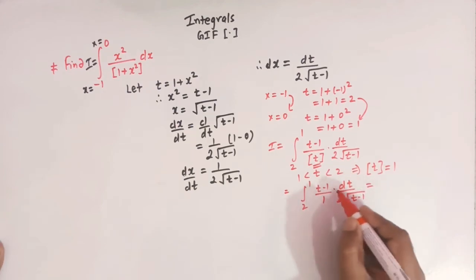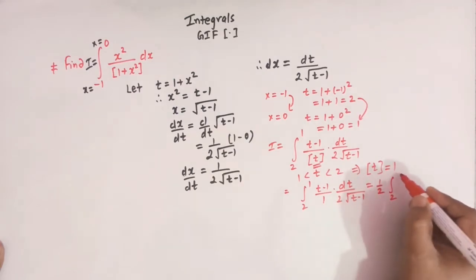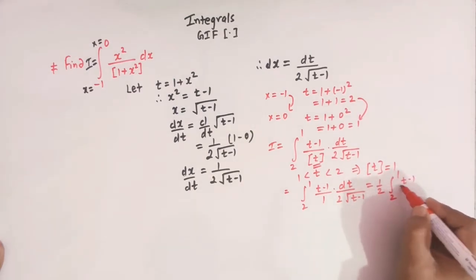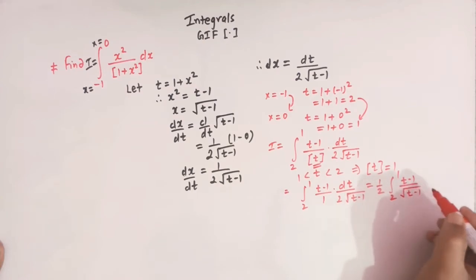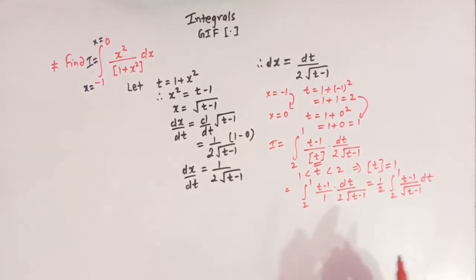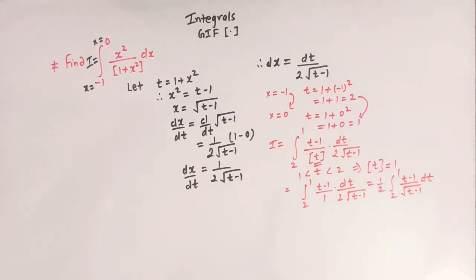Now we can take half outside the integral, so we have half, 2 to 1, t minus 1 over square root of t minus 1 dt. Now we have to evaluate this integral.